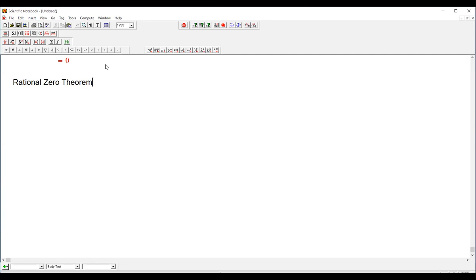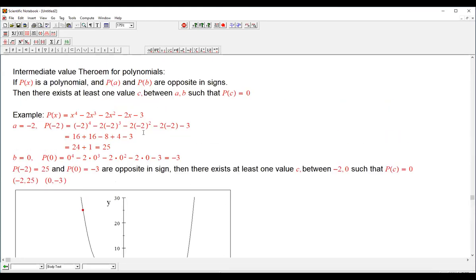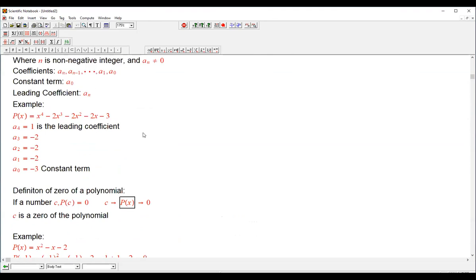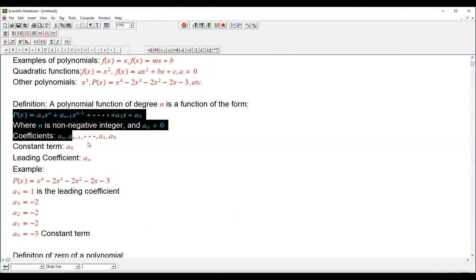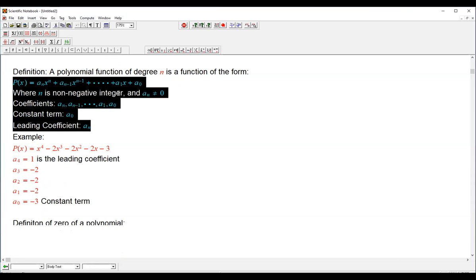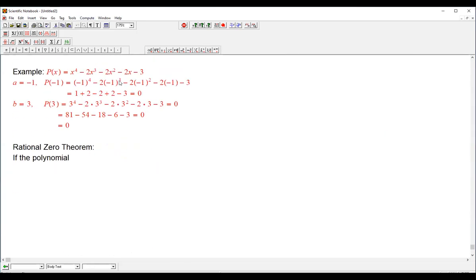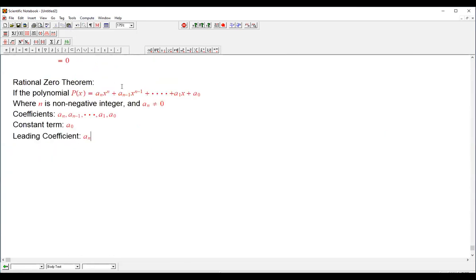The rational zero theorem states, if the polynomial, and I'm going to borrow the notation we had before, is just like that, that's how a polynomial looks. It has integer coefficients.